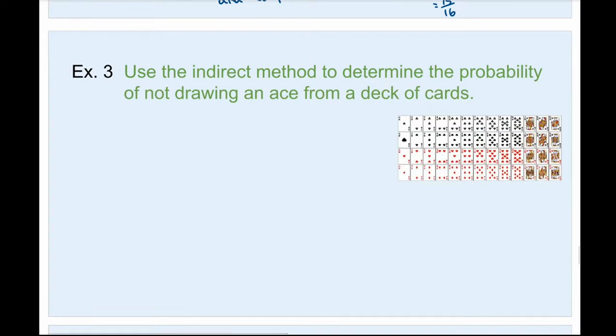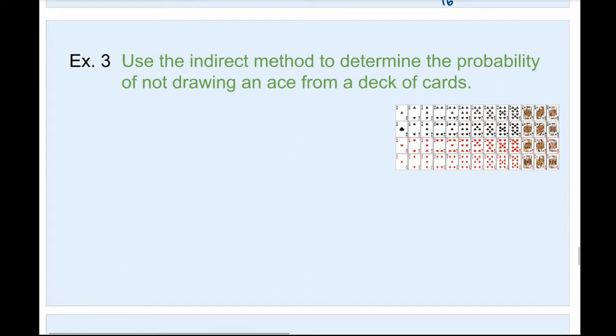So in example 3, we want to use the indirect method of determining the probability of not drawing an ace from a deck of cards.